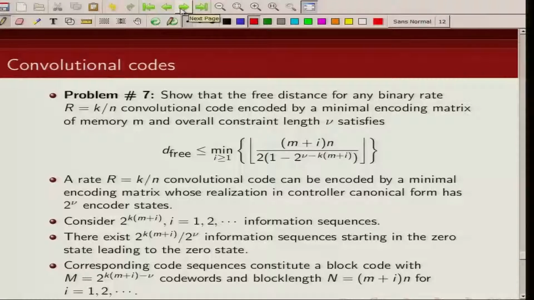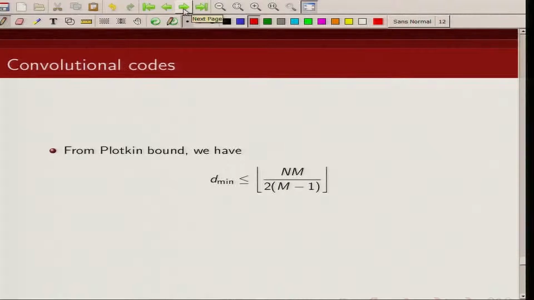So, if we count the number of such code words, then the number of such code words is given by 2 raised to the power k(m+I) minus mu. And what is the length of these code words? Length of these code words would be (m+I) times n, because this is a rate k by n code, right.